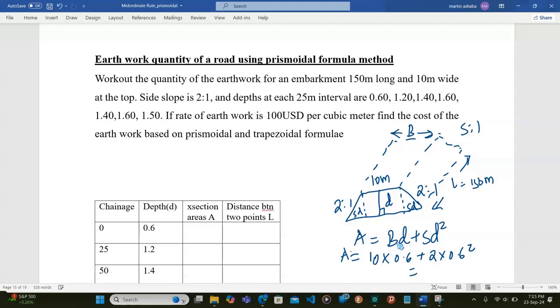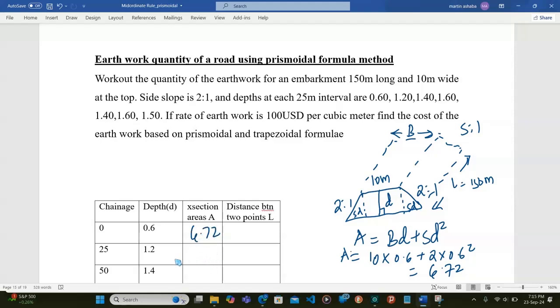I find that this is going to be 6 plus 0.36 times 2, and that is 0.72, plus 6, I'll have 6.72. So I'll put here 6.72.